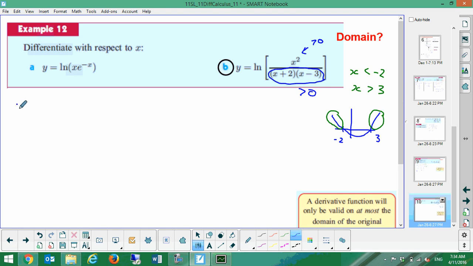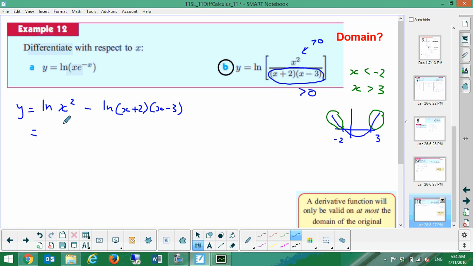Let's do the simplifying. Remember, if we're dividing, we subtract. If we're multiplying, then we can add them. So let's start off with ln of x squared minus ln of (x plus 2)(x minus 3).